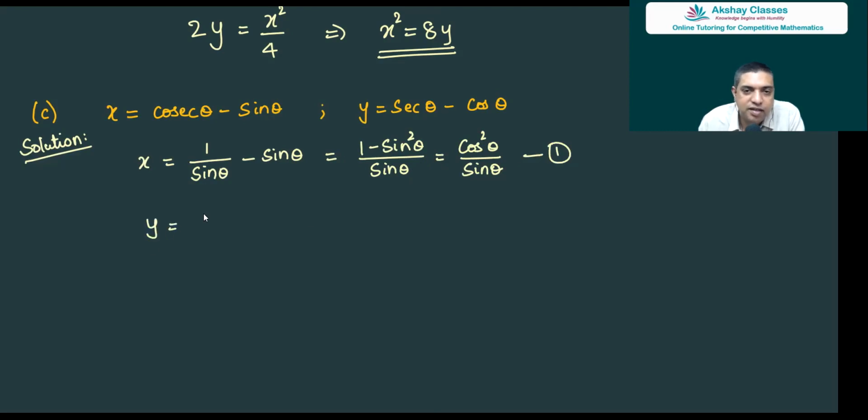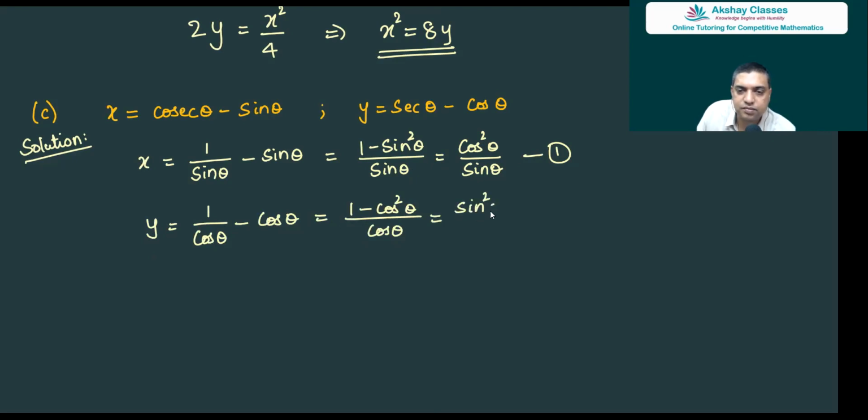Similarly, y we will write as 1 by cos theta minus cos theta. This will be 1 minus cos square theta upon cos theta. This is sine square theta upon cos theta.